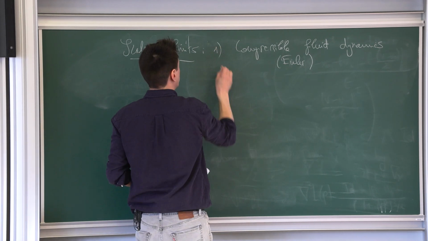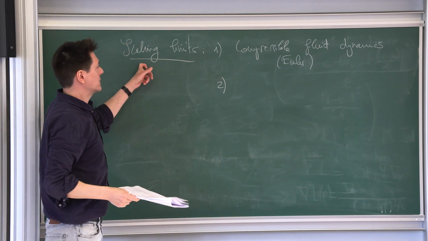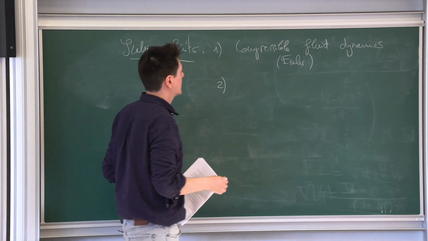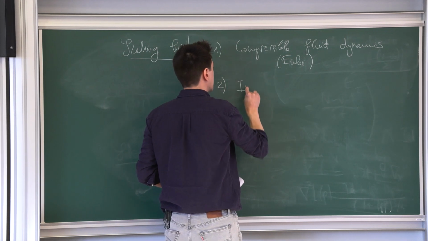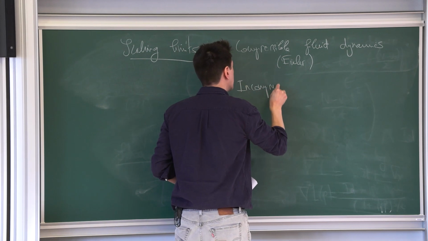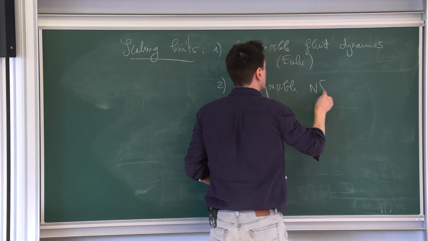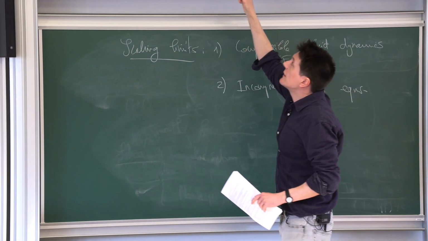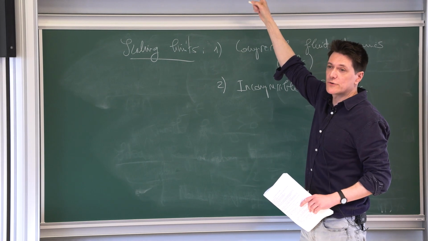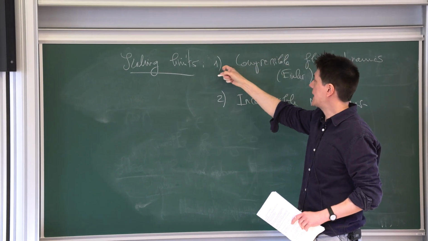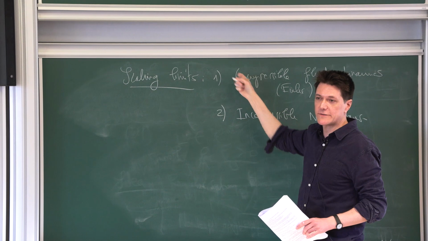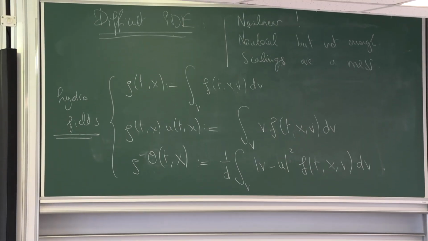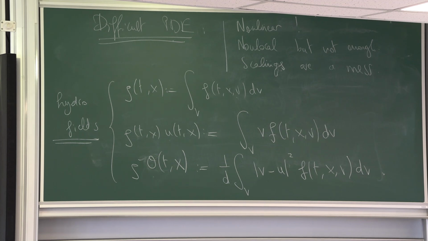And in slightly different scaling limits, for certain small perturbations of the equilibrium, you can even find the incompressible Navier-Stokes equations. So you can't expect really a miraculous Cauchy theorem on that equation. In some sense, it's not a proof, but it has to contain all the difficulty of these other monsters.